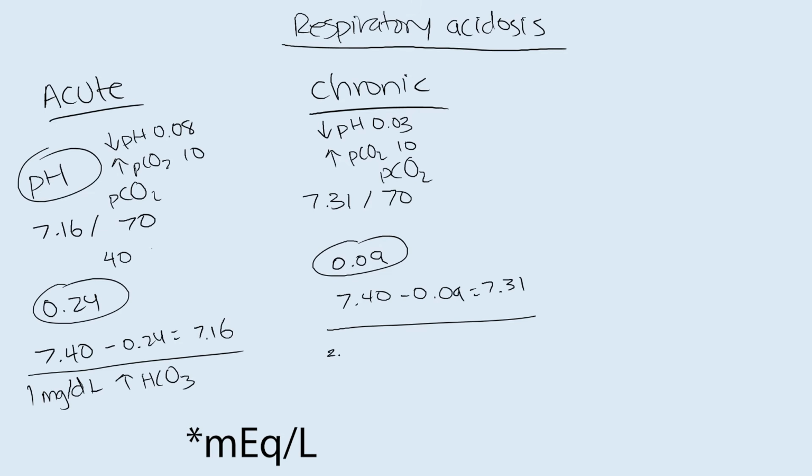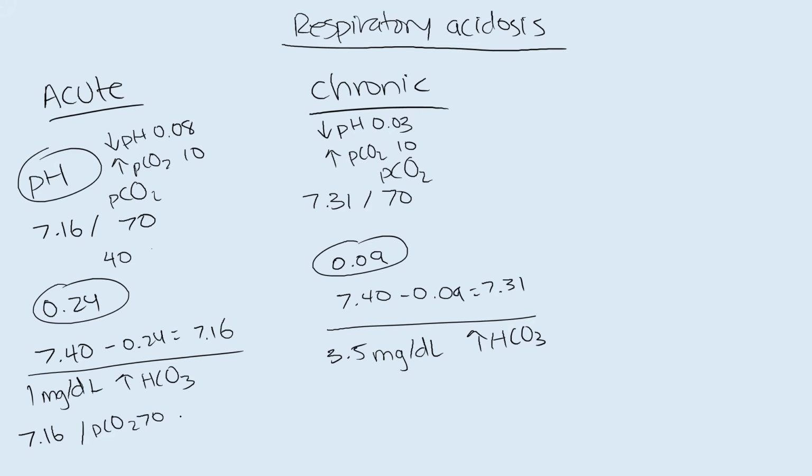Whereas for chronic, you're actually going to have a 3.5 milligram per deciliter increase in the bicarb for every 10 PCO2 above normal. So for example, in this patient, they will have a 7.16 pH, PCO2 of 70, and a bicarb of 27, because the normal bicarb is 24, right? So you're increased to 27.